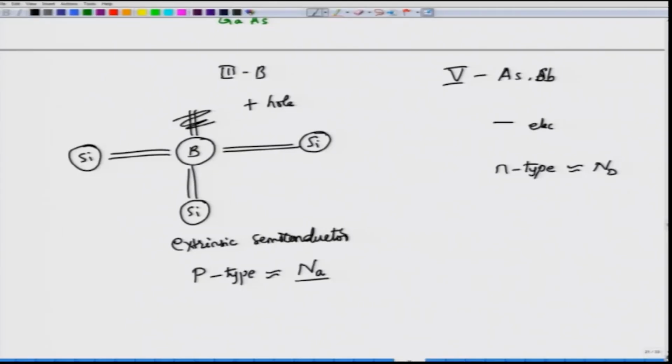Of course, in a pure or intrinsic semiconductor, when there is no doping and this material is in the equilibrium condition, then the intrinsic concentration Ni will be exactly equal to the concentration Pi, where I stands for intrinsic, N stands for electrons, P stands for holes.